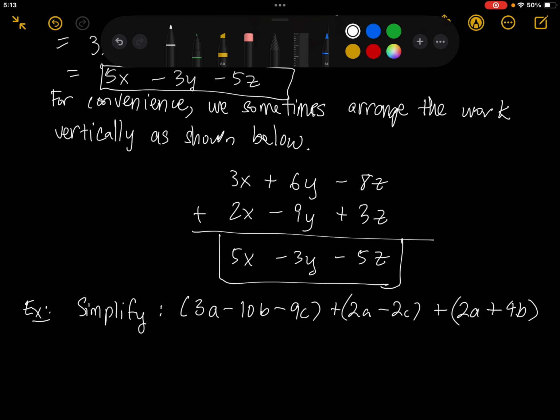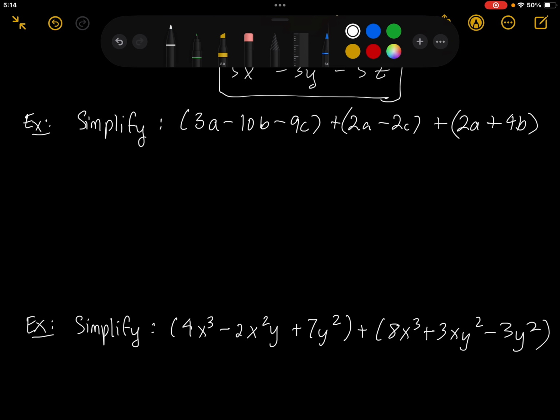All right, next example. Well, I am going to add them vertically. So write vertically and line up the like terms, so that way I can just add down vertically.